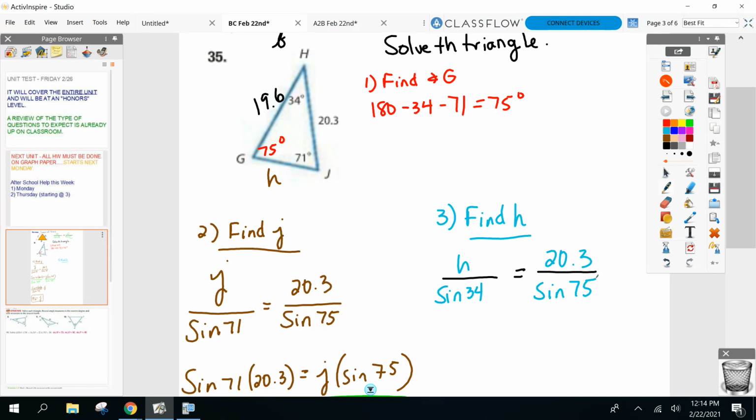Correct. So after you're done with the problem, say to yourself, is the biggest side across from my biggest angle? Is the smallest side across from my smallest angle? And the two smaller sides added up should be larger than the third side. Correct. Yep.